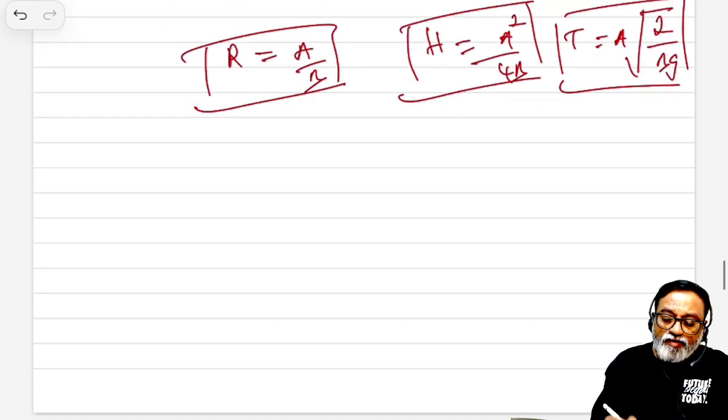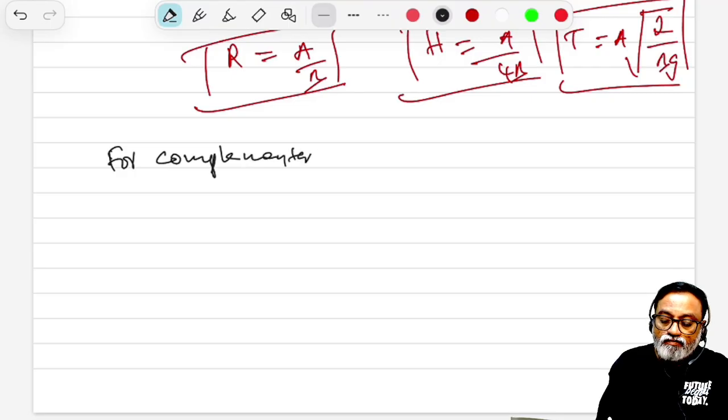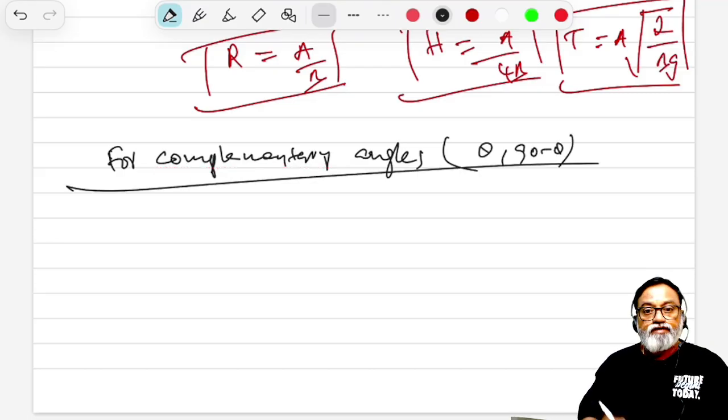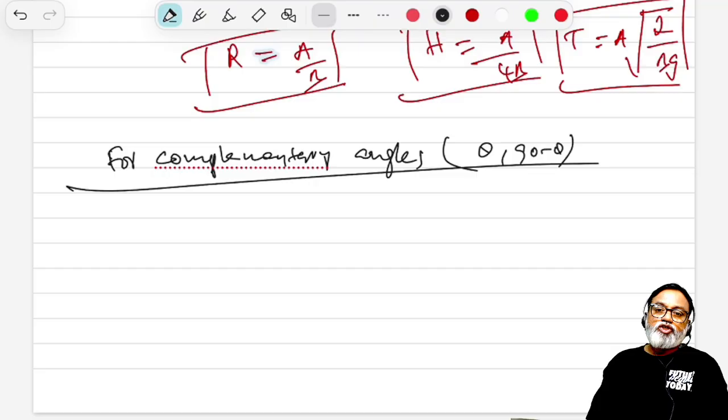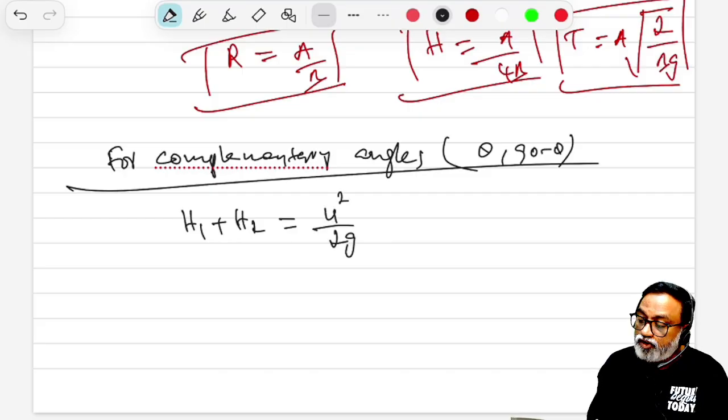See, for complementary angles, that is theta and 90 minus theta. Here two bodies are projected with angles theta and 90 minus theta with the same velocity. In that case, very very important, the sum of their maximum heights h1 plus h2 is equal to u square by 2g.